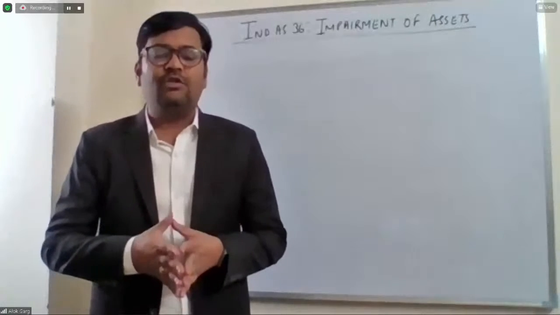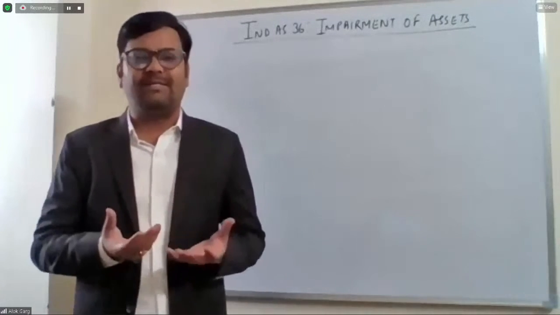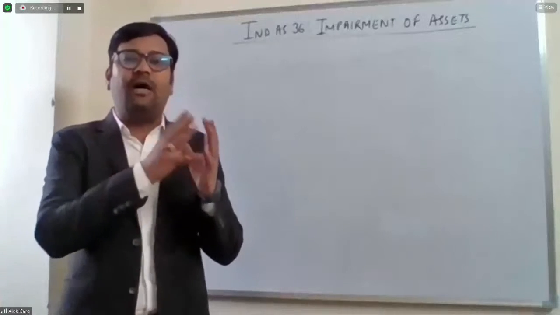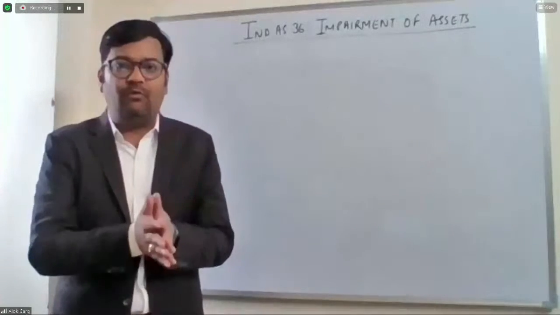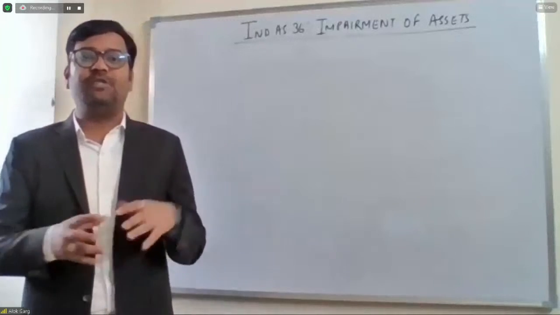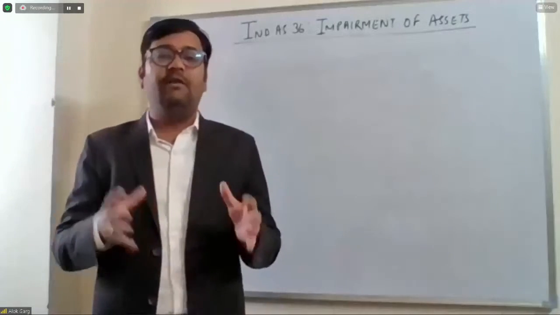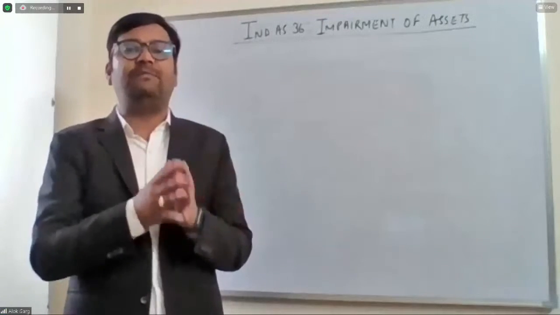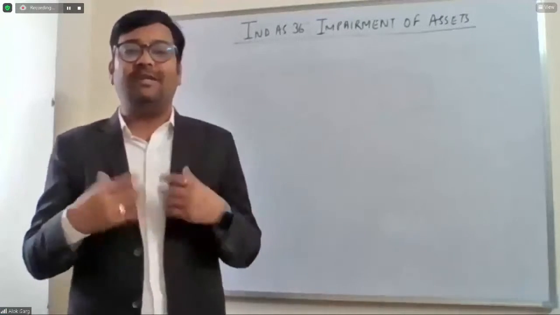The answer is no. So what is a corporate asset? Corporate assets are not directly related to generating cash flow, but they support the respective function or department, the respective cash generating unit, to generate the cash flow.